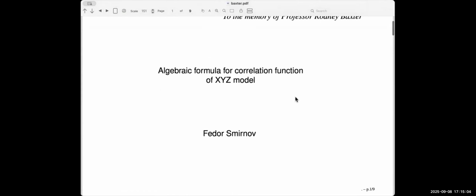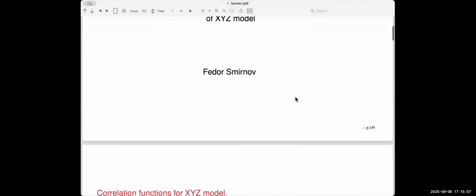And so, as I said, it's not very recent, but at the end I will ask some questions which are still not answered for this model.